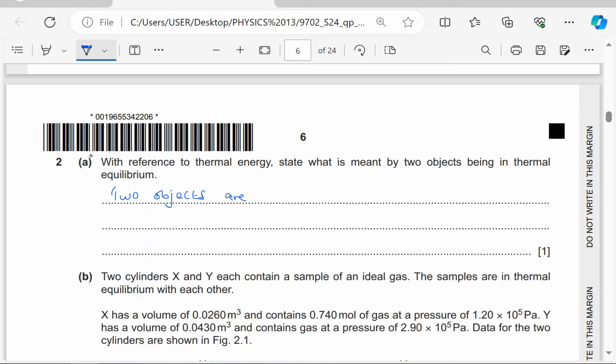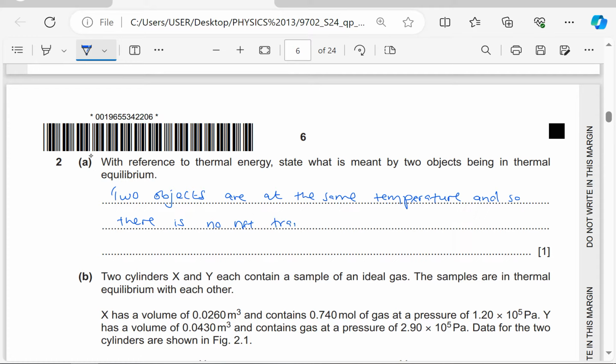objects are at the same temperature, and so there is no net transfer. You must mention net.